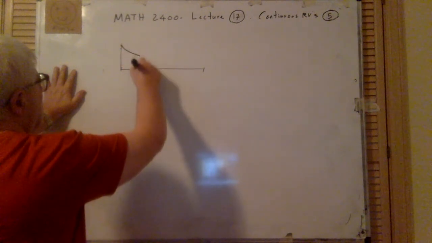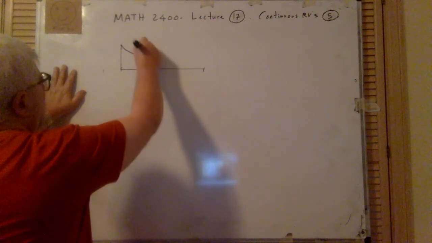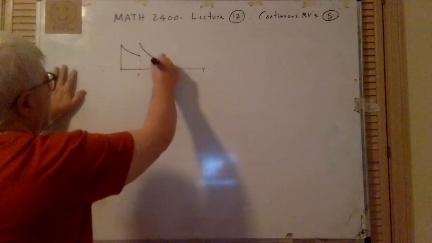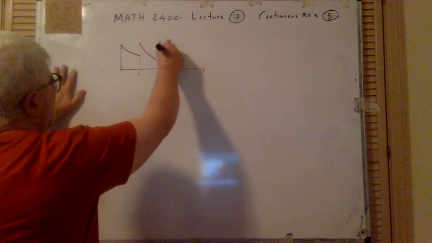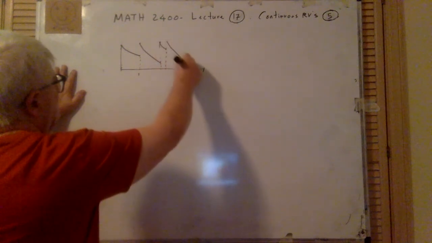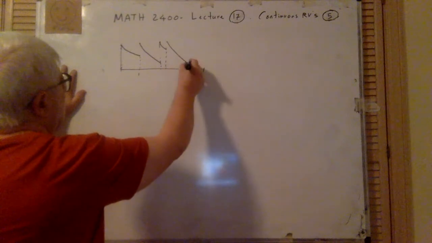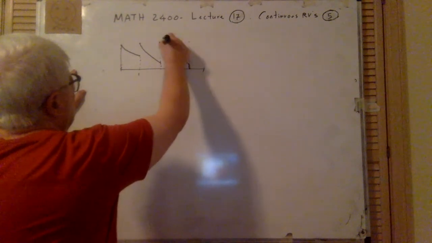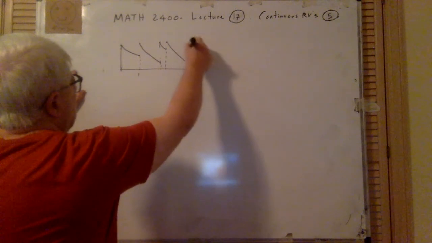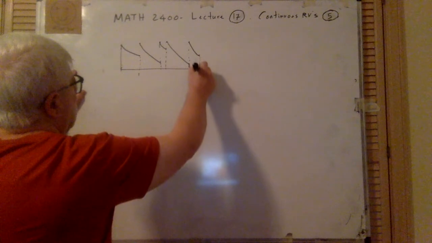Someone arrives. Then you again wait. Someone arrives. Then you wait. Someone arrives. Then you wait. Someone arrives. Then you go over there and wait. Someone arrives, and so on.